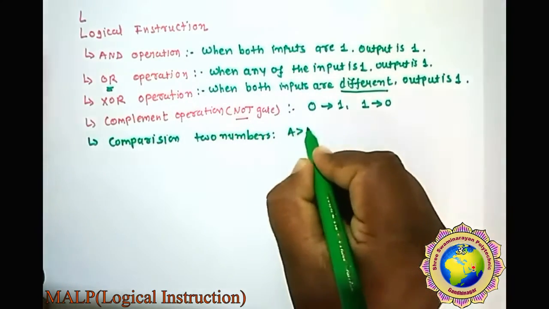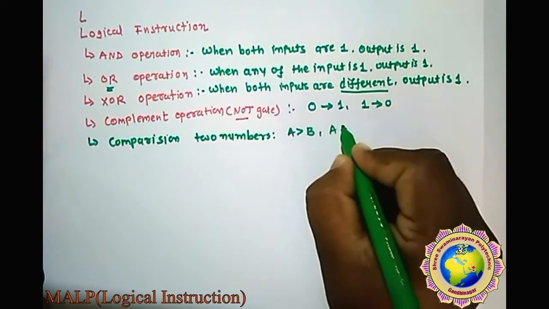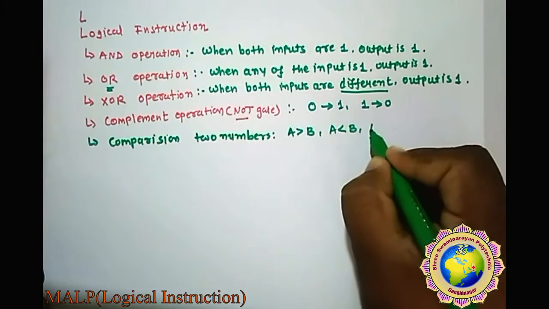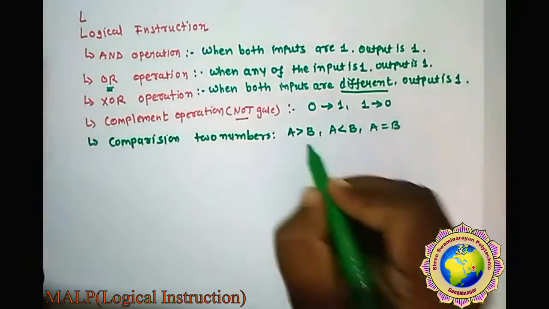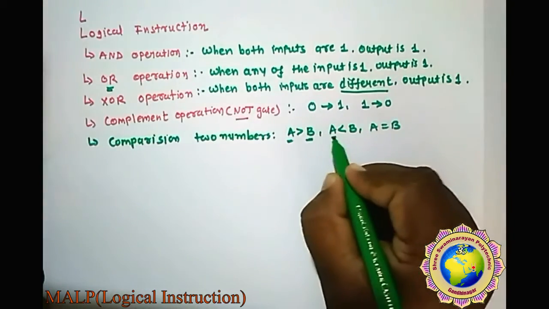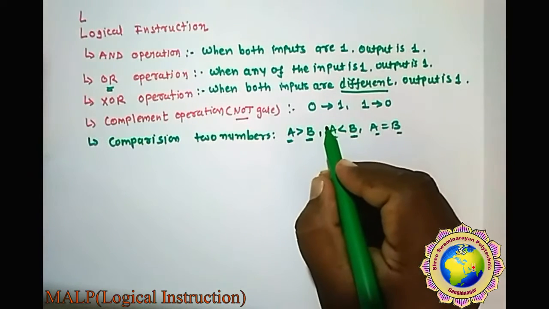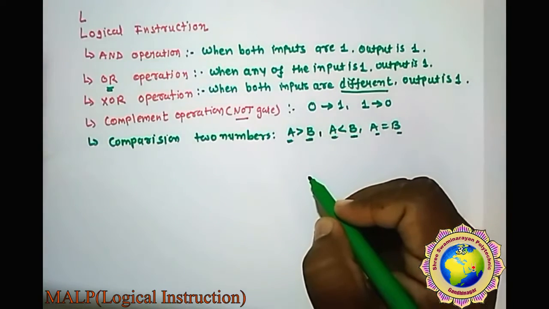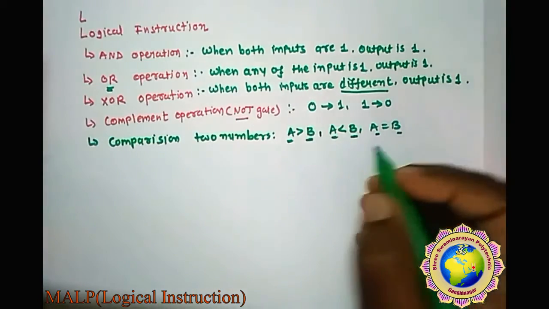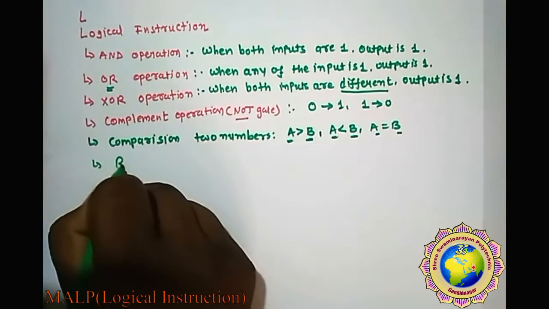Either A greater than B, A less than B, or A is equal to B. We have taken here two numbers A and B. Either they are same, or one is greater or the second is greater. That is known as a comparison.